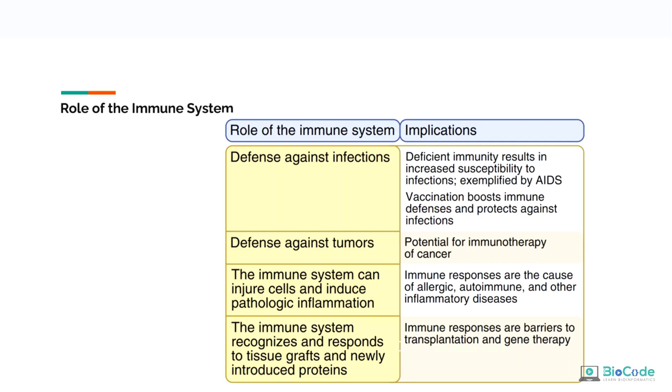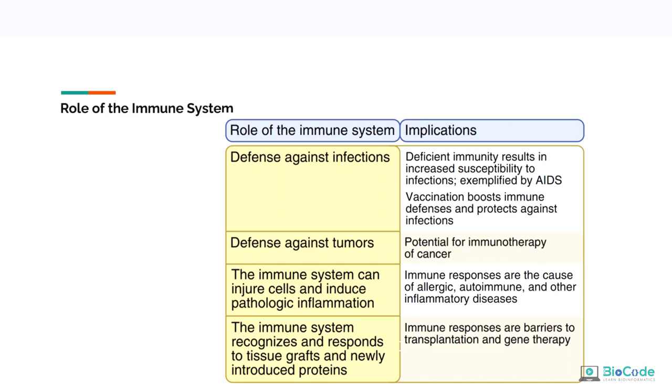Role of the immune system. Here you can see from this table the role of the immune system and its implications. The immune system helps in defense against infections.